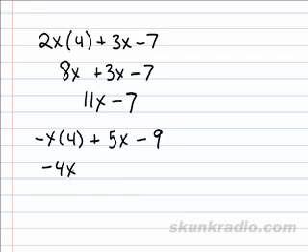It really would mean the same thing if I wrote x4, but traditionally we just write the number first. So this is minus 4x. Now let me bring down the rest of the problem straight down. 5x minus 9. Now if I have a minus 4x plus positive 5x, this is just going to be 1x or x. And then I'll bring down the rest of the problem, minus 9.